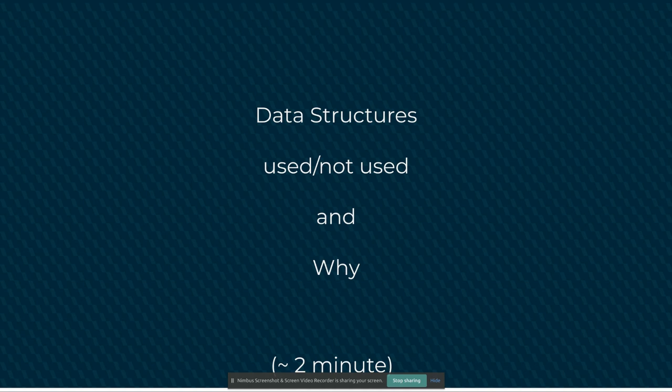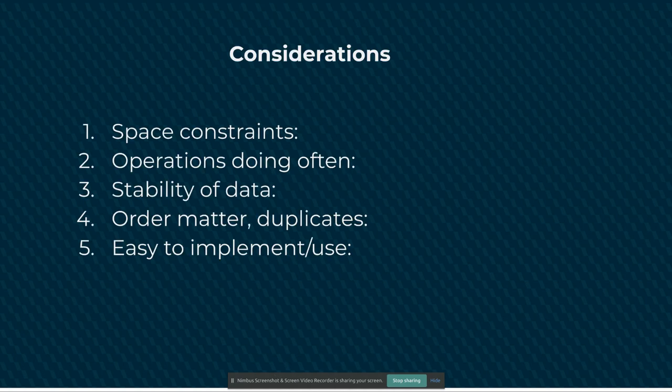So I'm going to be talking about the data structures that we used and those that we did not use and why. But before that, I need to talk about the considerations that we put. The first one was space. The second one was source space. We just don't need an implementation that will consume a lot of user space. The other one was operations that we'll be doing often, such as adding, removing of data, cleaning of data maybe.